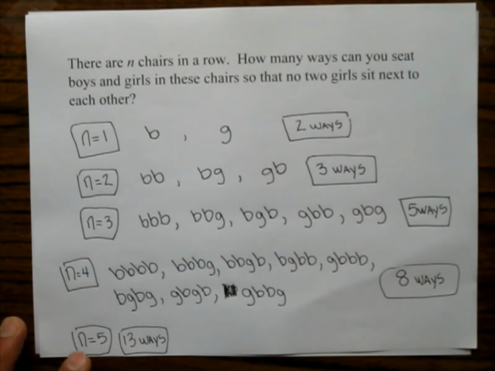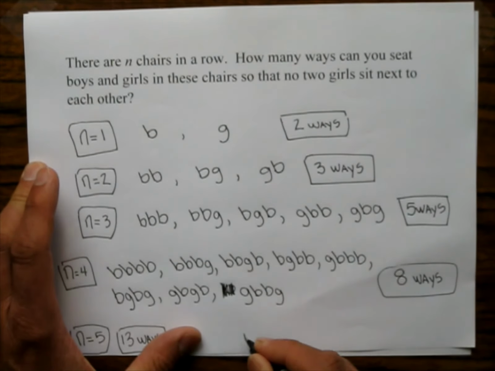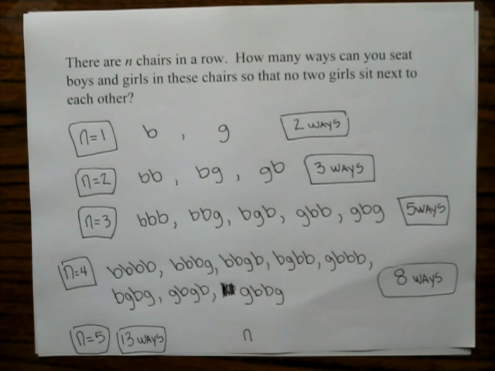So the answer to this puzzle, really, there are n chairs in a row. So if you were looking at n equals 5, which is 13 ways, 1, 2, 3, 4, 5, 6. That's our 7th Fibonacci number. So this would be f sub n plus 2.